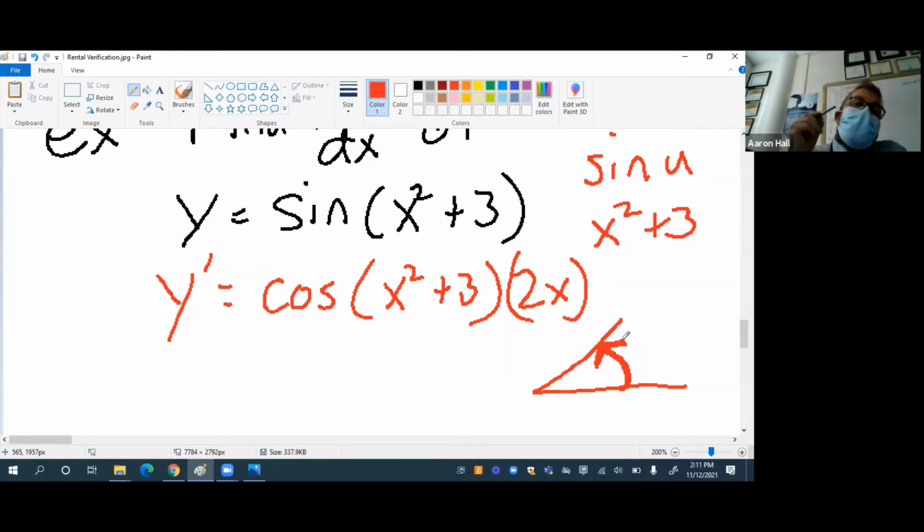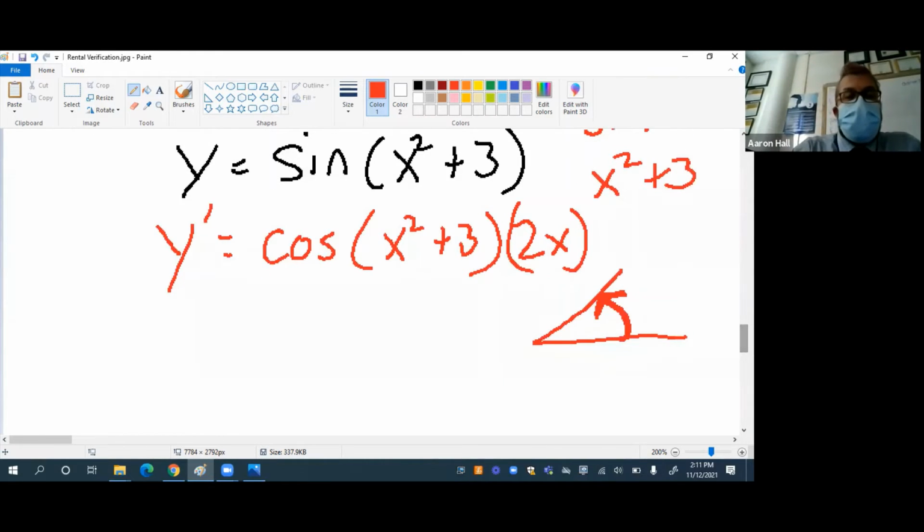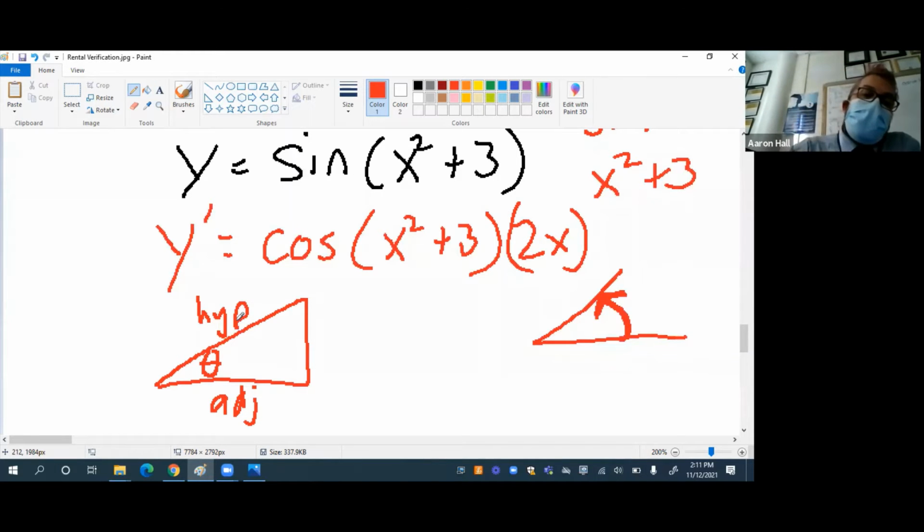Well, cosine is always cosine. What is the definition of cosine? Yeah, what's the ratio? Yeah, it's adjacent over the hypotenuse. So when we write cosine, it's always from the perspective of the angle.